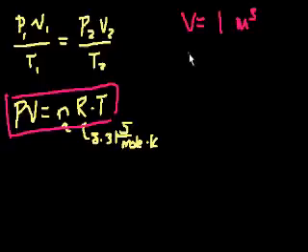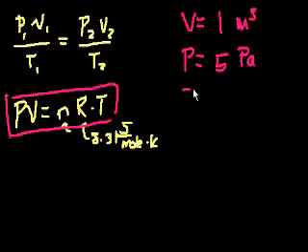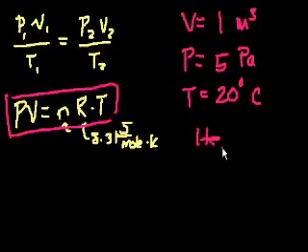Let's say there's not a lot of pressure in it, so the pressure is equal to 5 pascals, and that's newtons per meter squared, right? And let's say we're at a reasonably warm temperature, so temperature is equal to 20 degrees Celsius. And let's say that balloon is filled with helium.